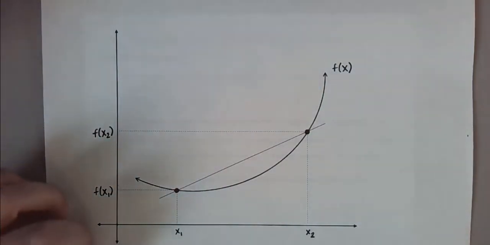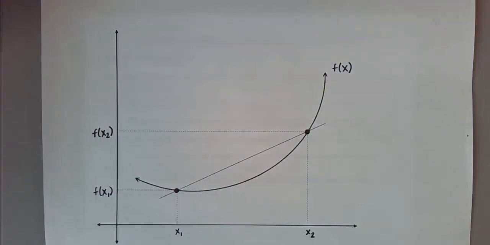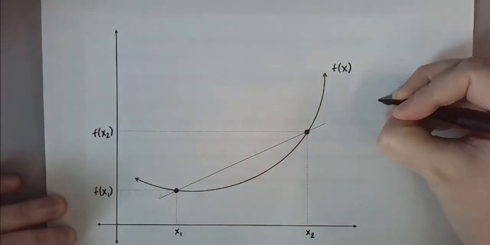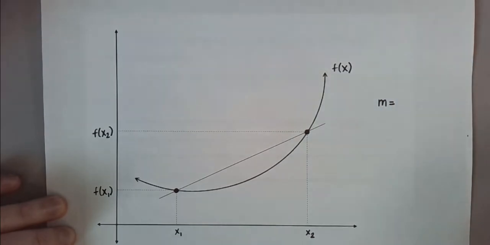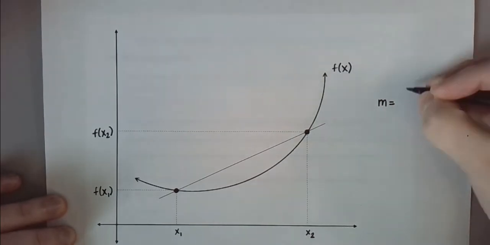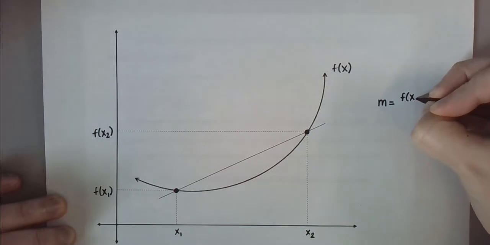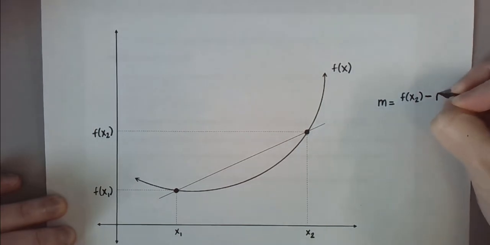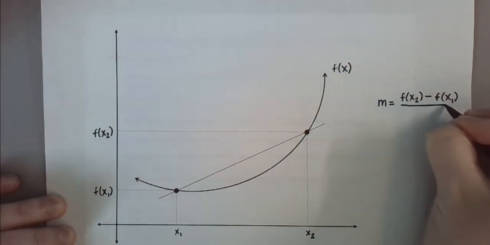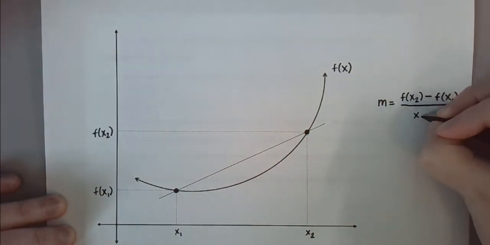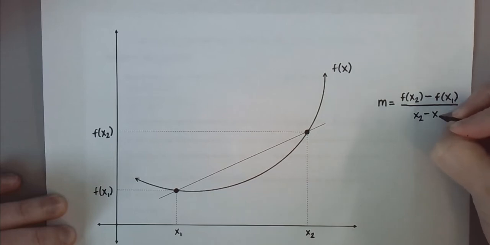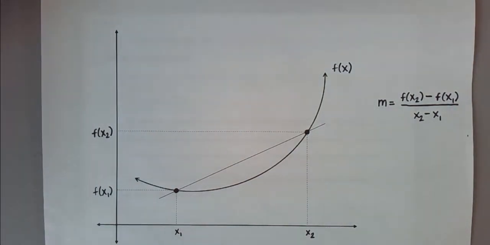So rather than calling them y1 and y2, we can call them f of x1 and f of x2. So if we use this particular notation, that means that the slope of this line, change in y over change in x, would be f of x2 minus f of x1 divided by x2 minus x1. This would be the formula for slope using this particular notation for our ordered pairs.